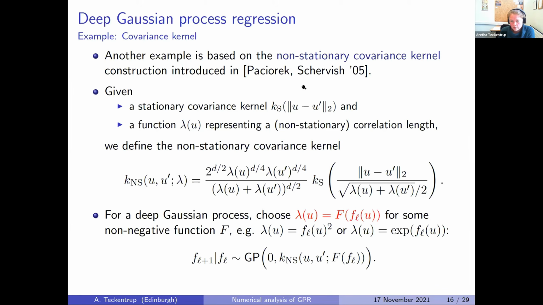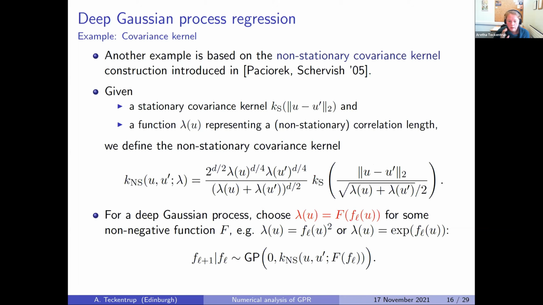In this paper, they give you a general recipe to make a non-stationary version of any stationary covariance kernel. Once you have your stationary covariance kernel, you can make it into a non-stationary version with this general recipe, and the lambda function is the one that gives you the correlation.